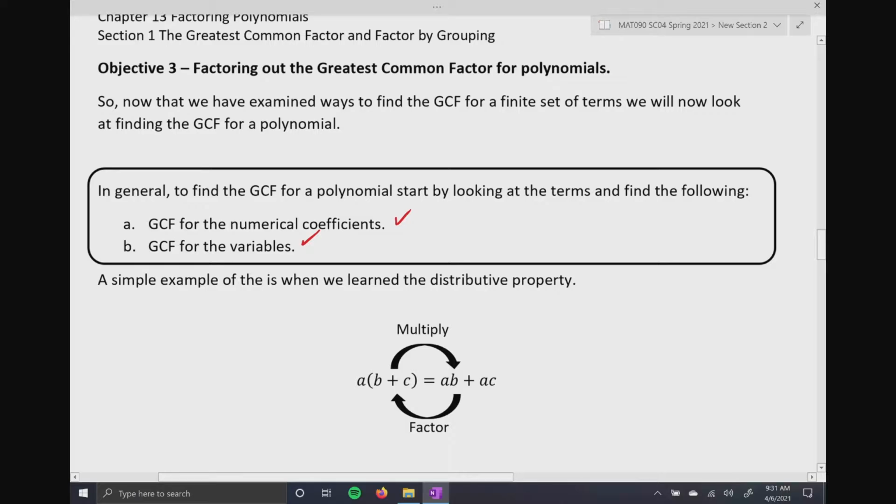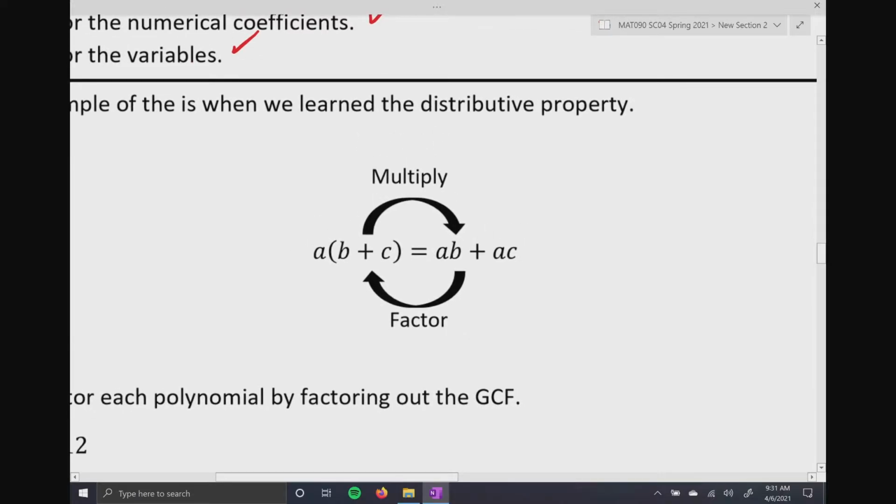If I start on the left, where I just put this star, and I said go ahead and multiply, then you would distribute the A, and you would say, well, A times B plus A times C. Am I right? How many of us are familiar with that?